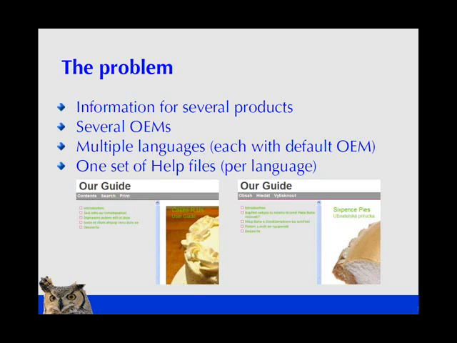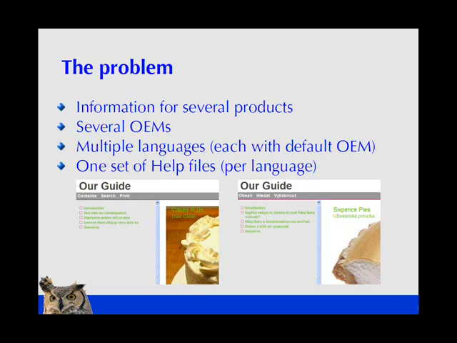So, here's the basic problem we were trying to solve. We had a customer who came to us and said that they needed to create some help in HTML, and they needed to burn that help into ROM, and they had some limited space for the help, so help couldn't expand endlessly.